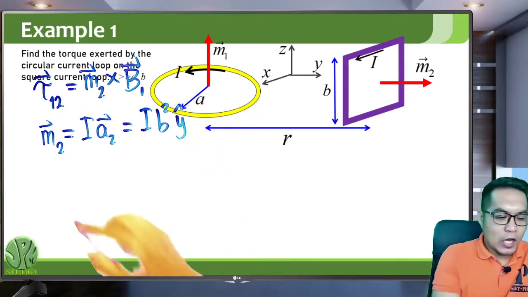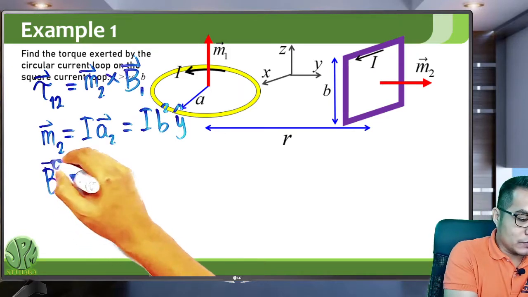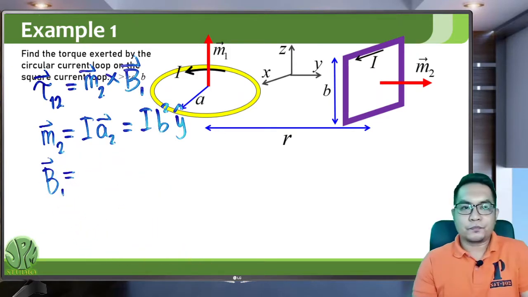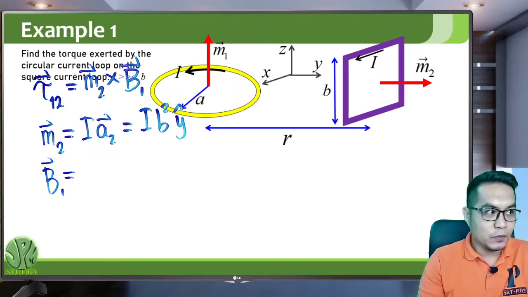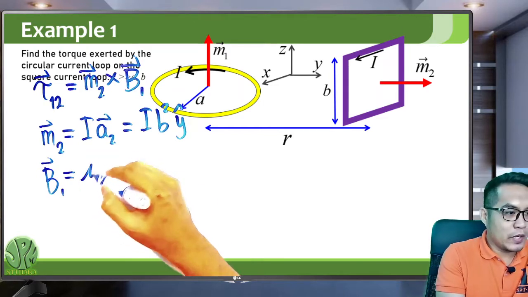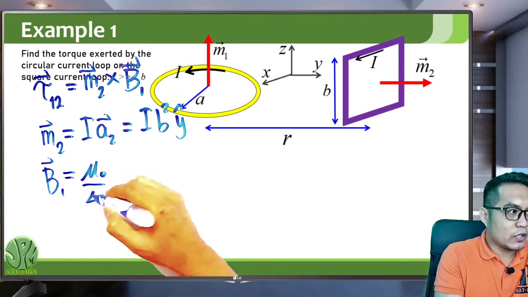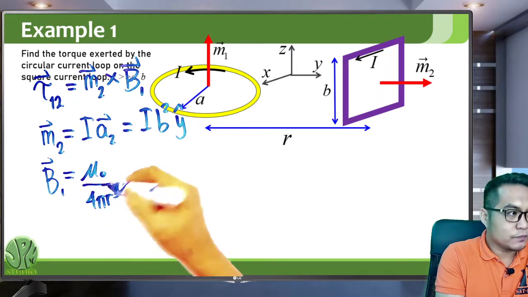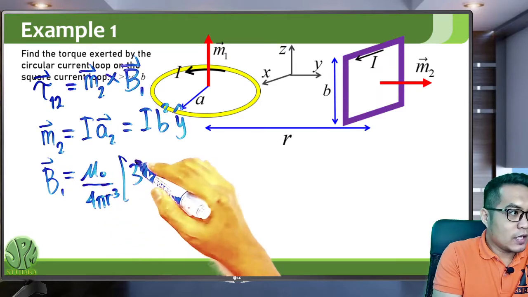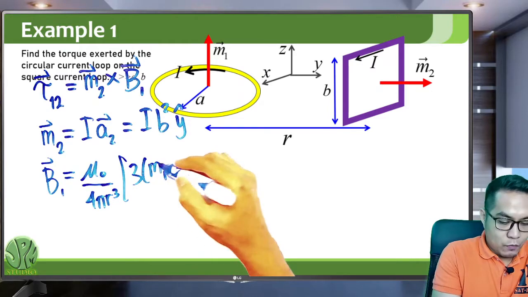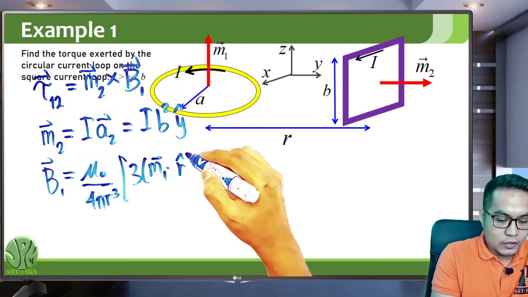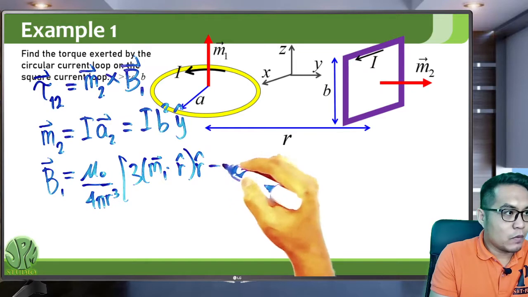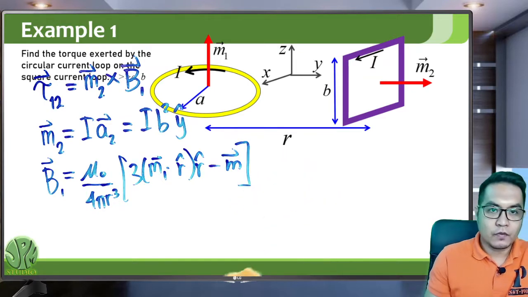Okay, so how about B1? B1 is the field of a dipole, so its magnetic field will be that of the dipole: mu naught over 4 pi r cubed, times 3 (m1 dot r hat) r hat minus m1.